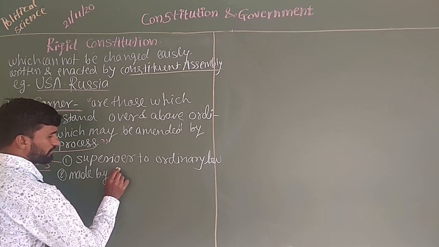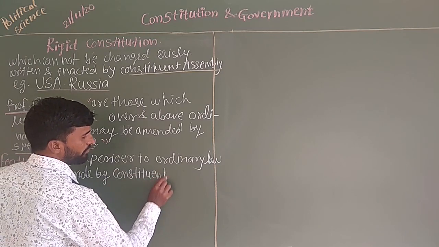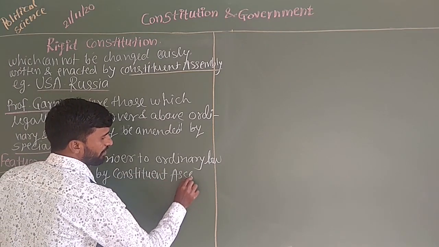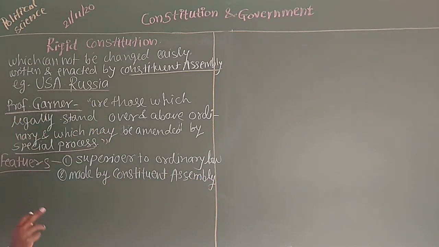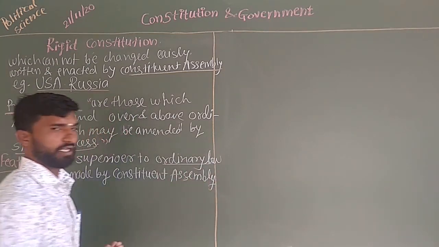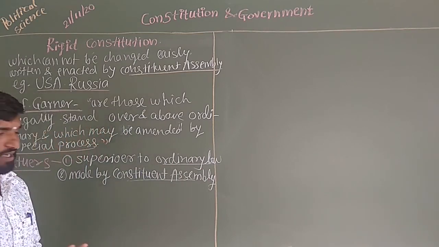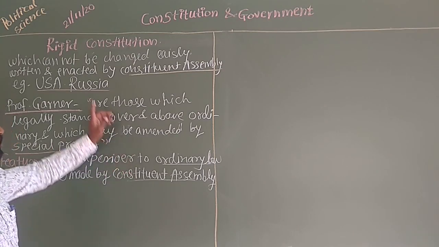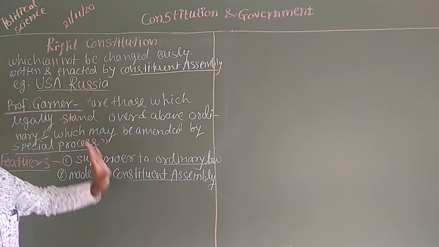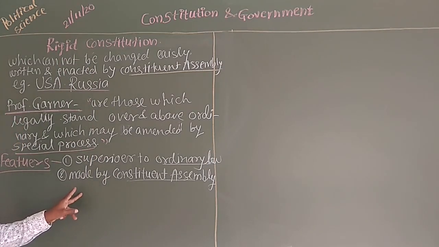So the laws made by the parliament are called ordinary law, and the laws made by the constituent assembly are called constitutional law. So that constitutional law is known as a rigid constitution. Okay, this is the second one.